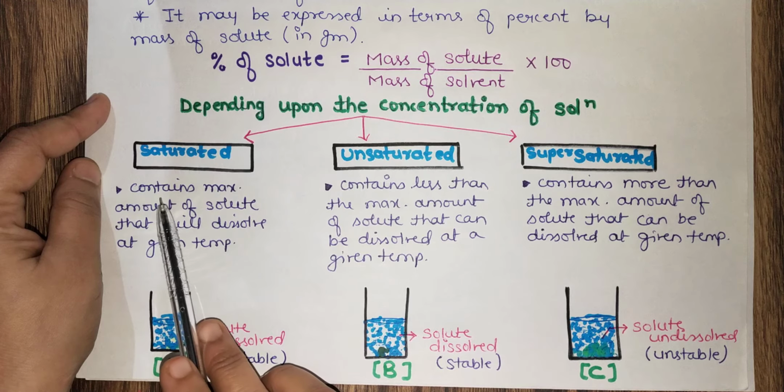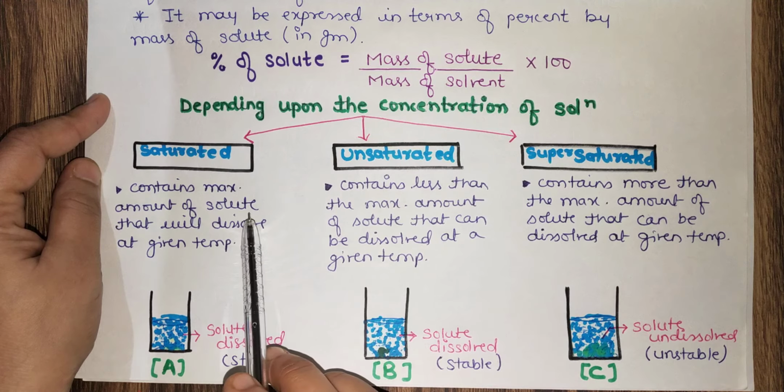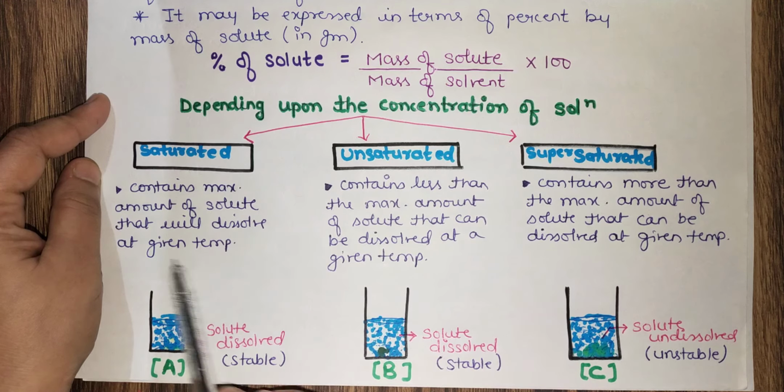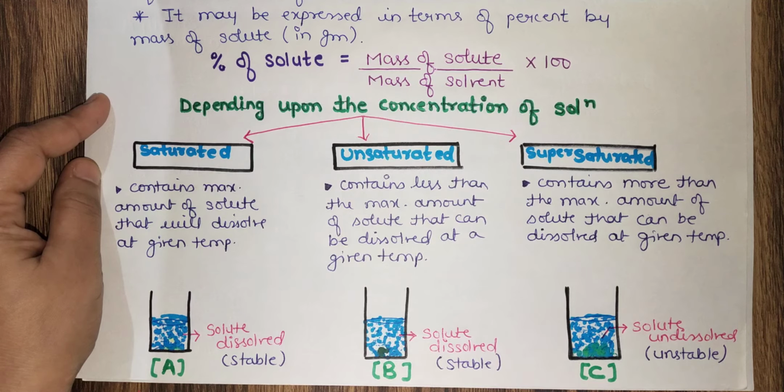In this saturated solution, it contains the maximum amount of solute that will dissolve at a given temperature. That means whenever you dissolve the solute in the given solvent at a given temperature, it will be dissolved completely. So it will have the maximum amount of solute in the solution. That will be a saturated solution.